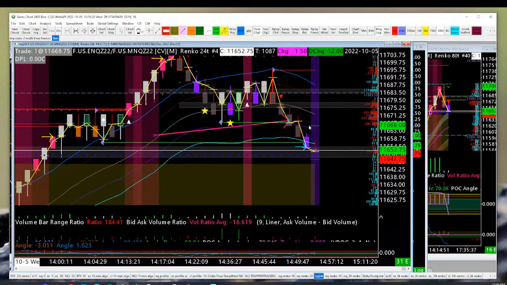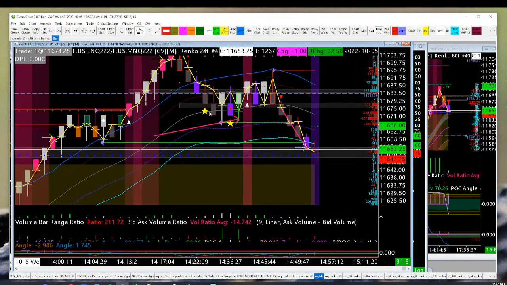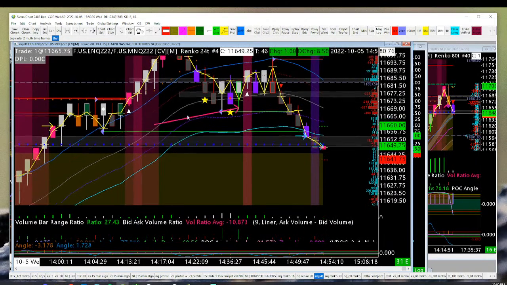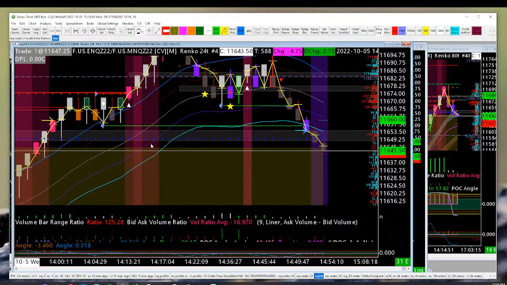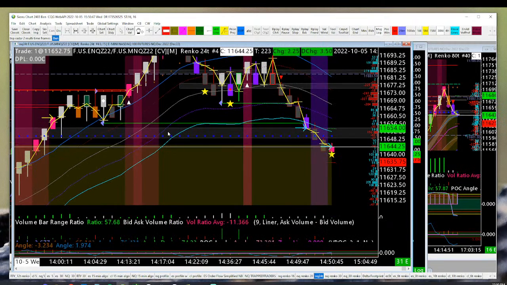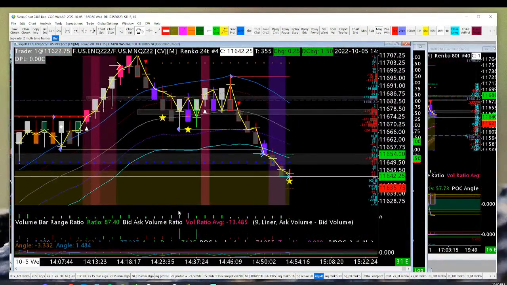But the fact that they had trapped these guys down here, and yet they just squished them like that, where did all the buyers go, right? Like I said, it literally looked like all day one person, one big order, had to get filled, and I think it got filled, right? It looks like whatever that order was that was filling all day long has finally gotten filled.